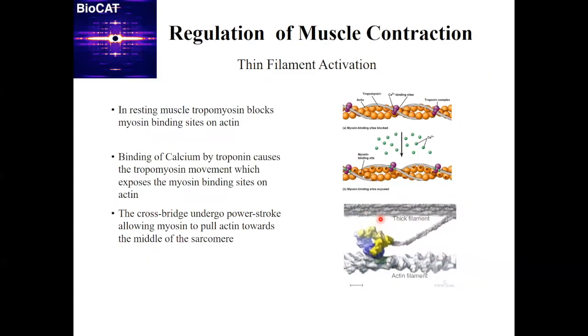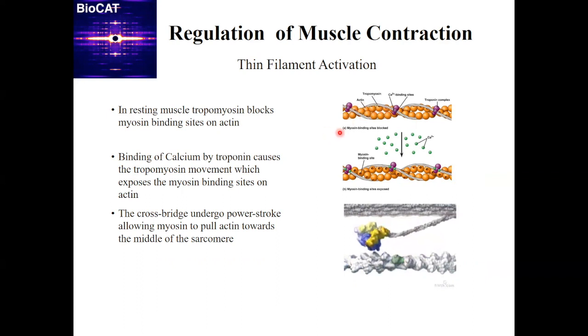The classic muscle regulation is the thin filament based regulation. At the resting state, the myosin binding site on the actin filament is physically blocked by a ribbon protein called tropomyosin.